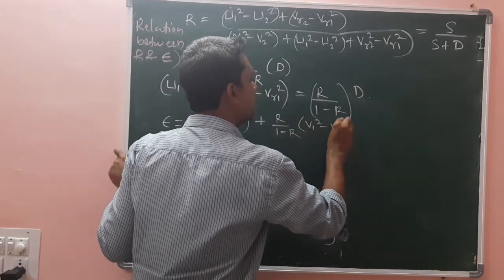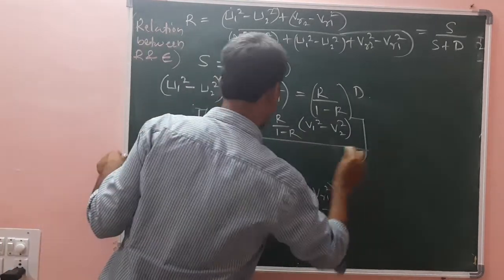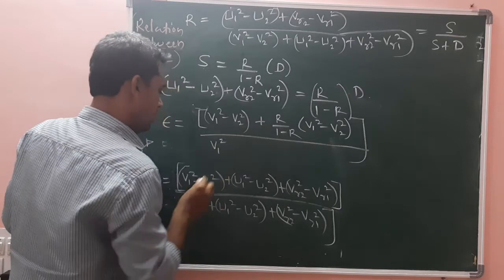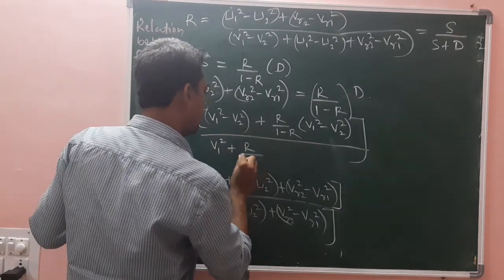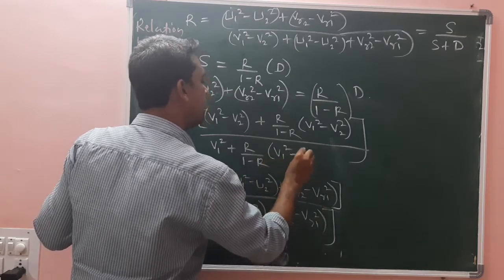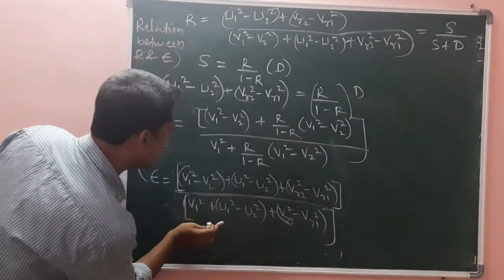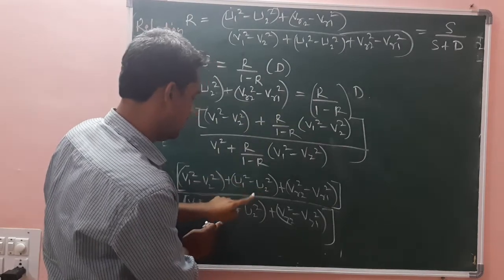In the denominator I do the same thing: v1 square plus the static component replaced by R divided by 1 minus R into v1 square minus v2 square. I have substituted in this equation.